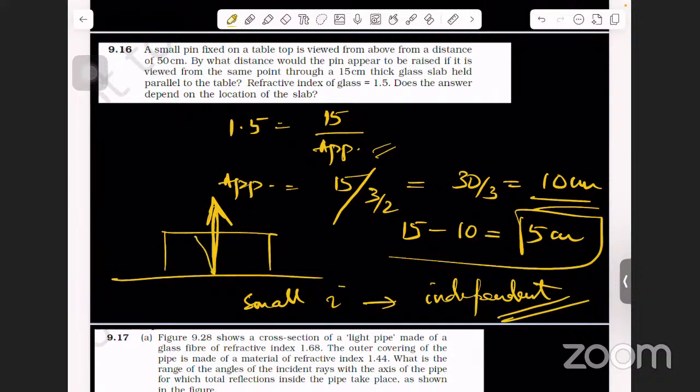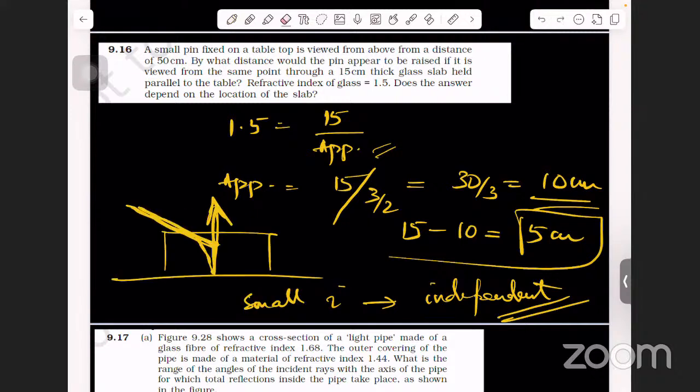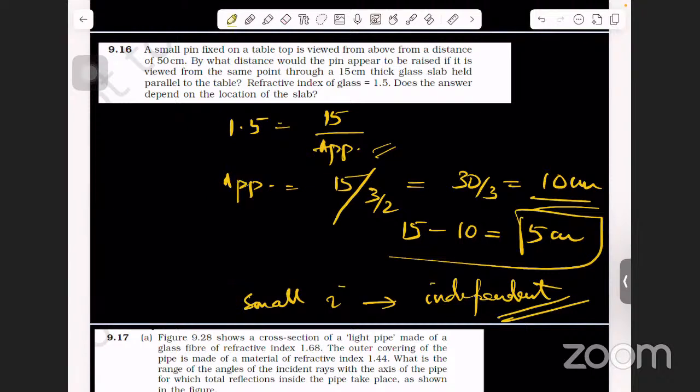For larger I, you will have this refraction and there will be a difference, as you can see from the diagram. For small I, real depth by apparent depth equals mu. This formula will be applicable.